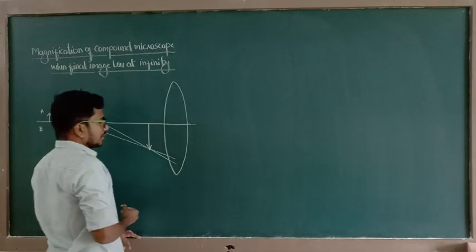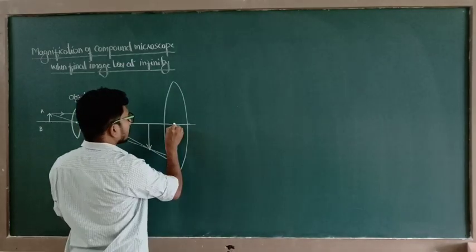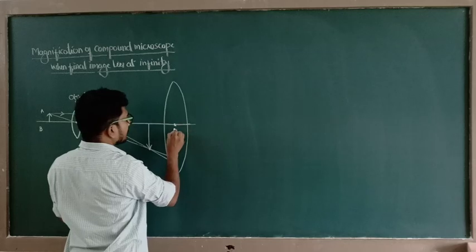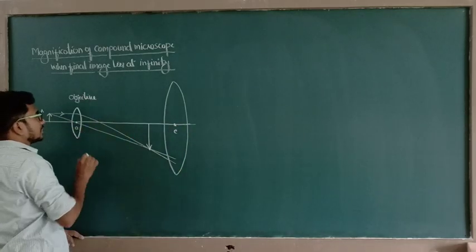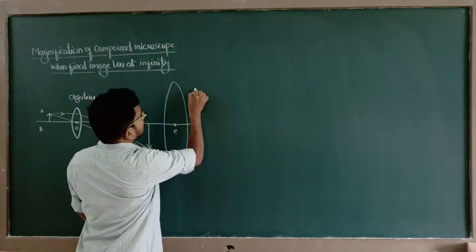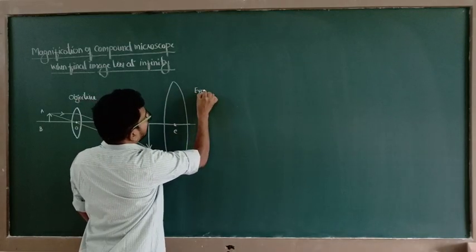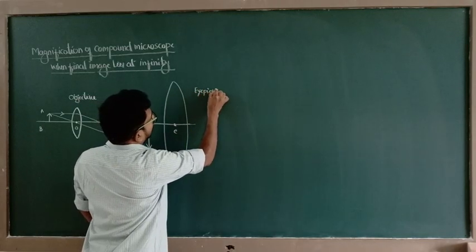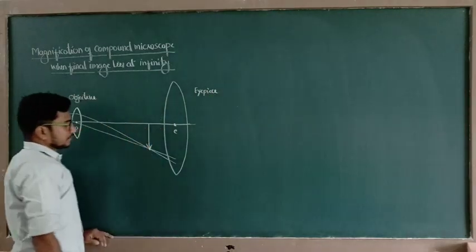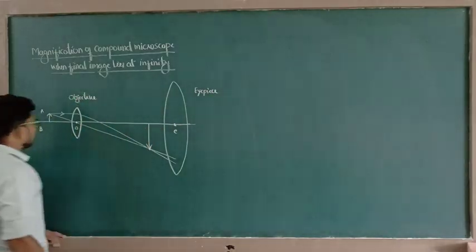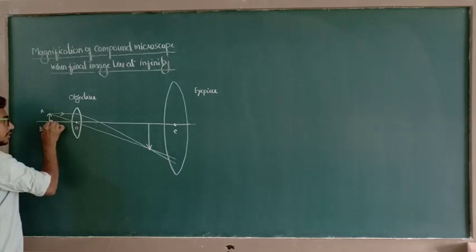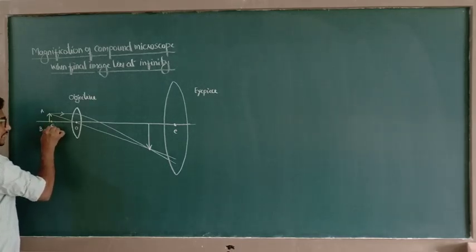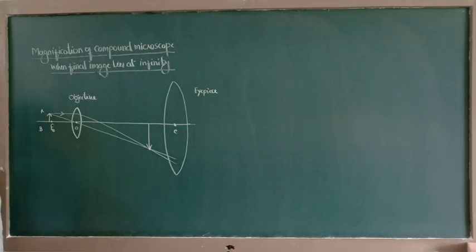These two light rays become incident light rays for this eyepiece. Optical center of the eyepiece, optical center of the objective. So let us say this point is the principal focus of the objective.